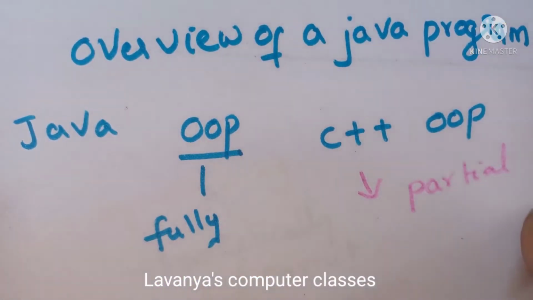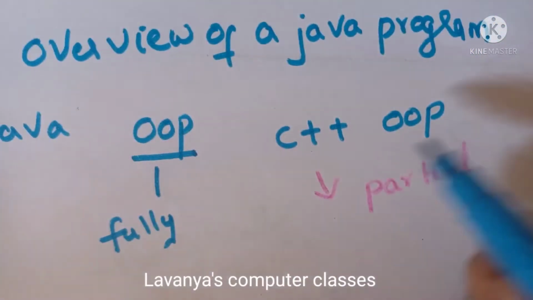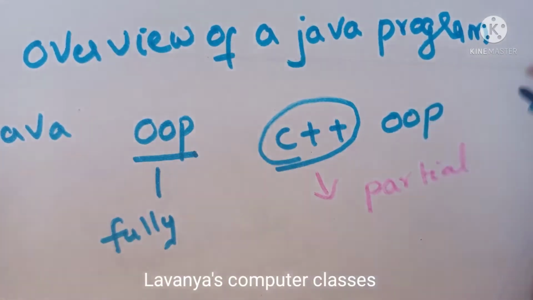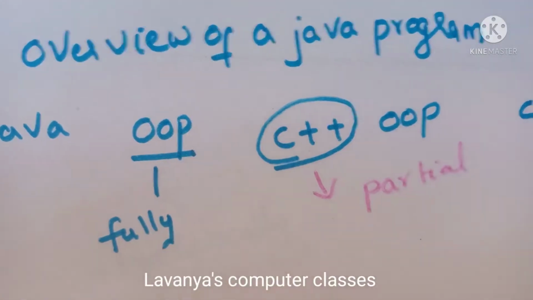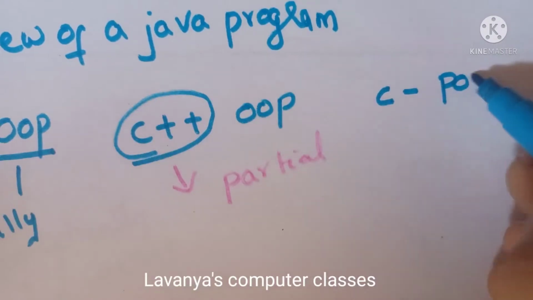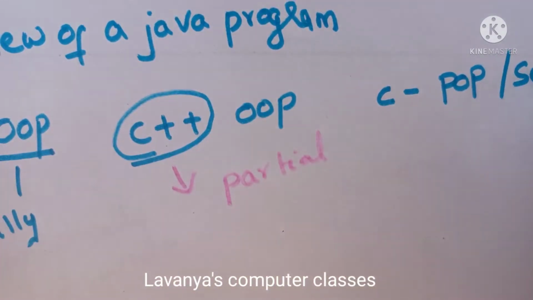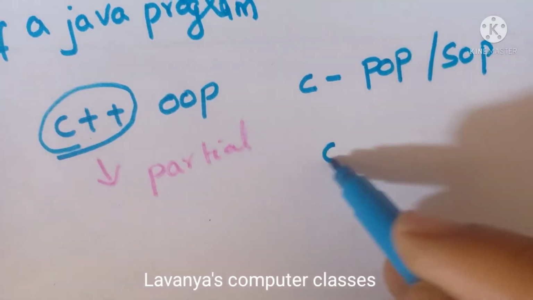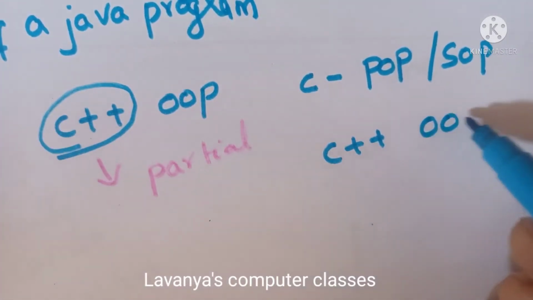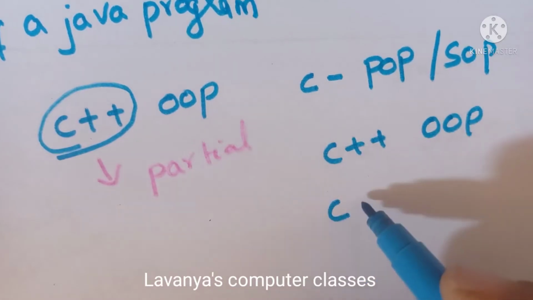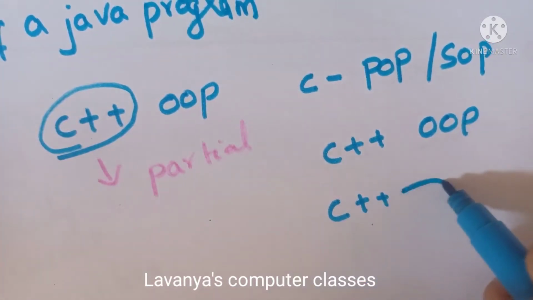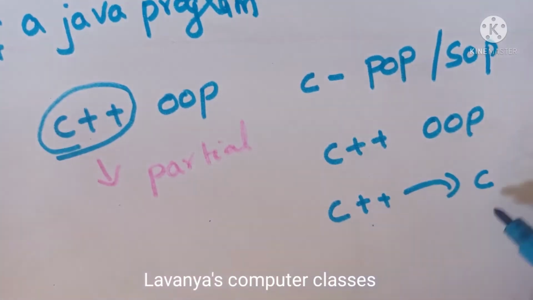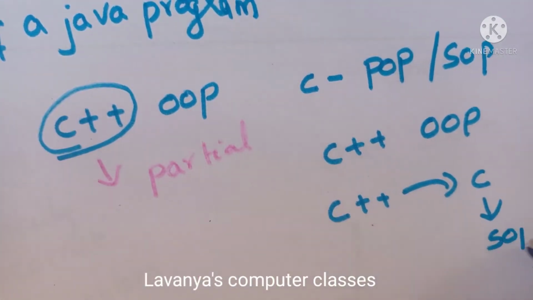What is the meaning of partial or fully? C++, in the name itself, is an extension of the C language. C is a structured oriented programming language, also called procedural oriented programming. C++ is object oriented programming, but it is coming from C. The extension of C is known as C++, but C is structured oriented programming.